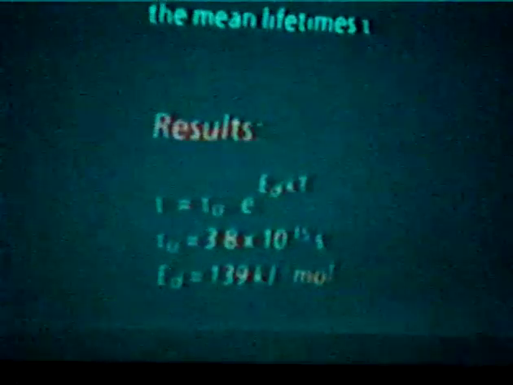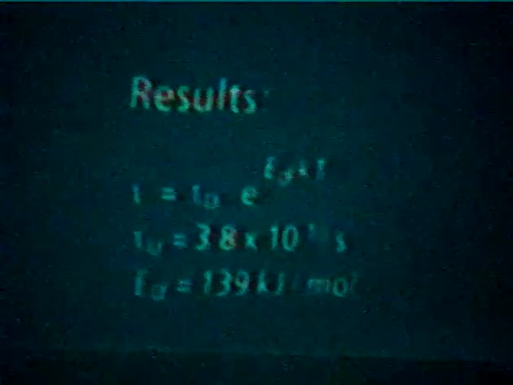The reaction time, TR, is changed in this slide from 10 to the minus 3 to 1 second, and we have, for different temperatures, measured the time which we need to get equilibrium adsorption.